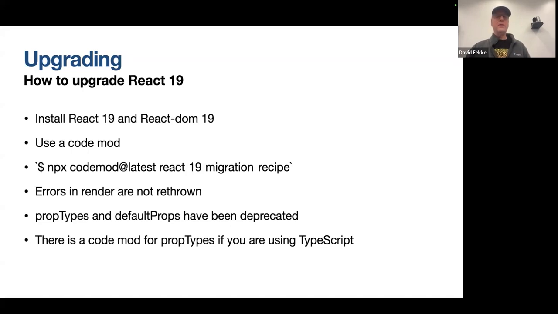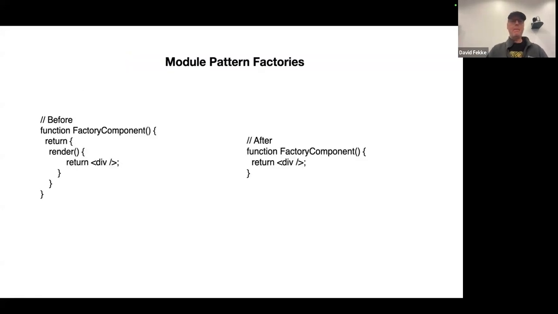Also, the errors in render now are not rethrown. And then they've taken the prop types and default props, which have been deprecated. There's a code mod for replacing prop types if you're using TypeScript. With the module pattern factories, this is something else that changed.